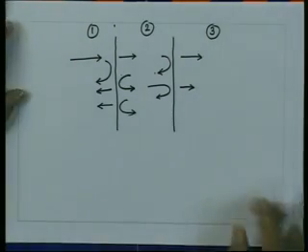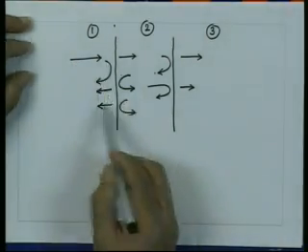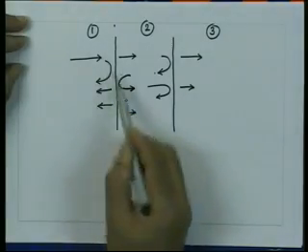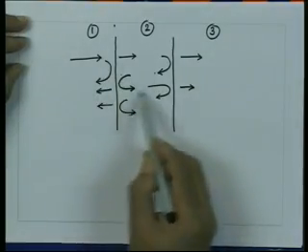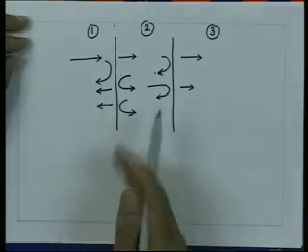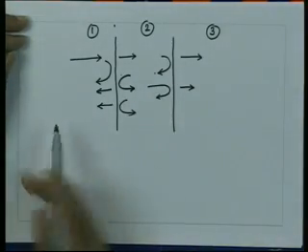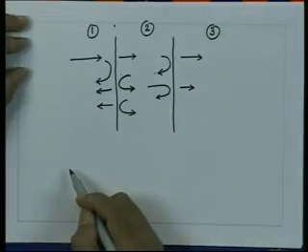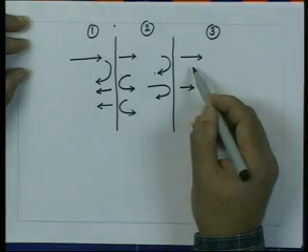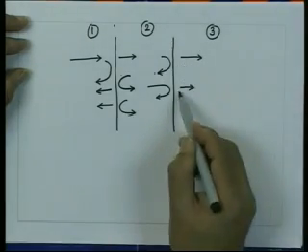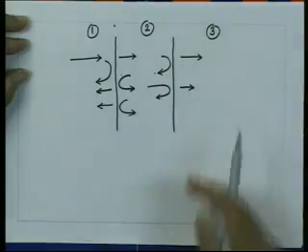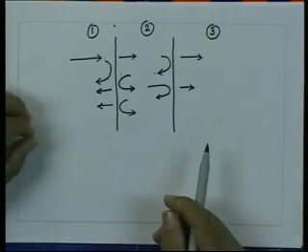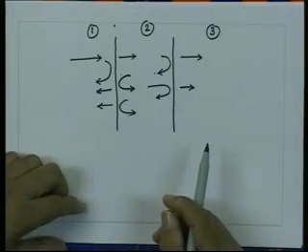So, what we find is that the net reflected wave will be the sum of all these reflections: the first reflection plus the second reflection plus the third reflection. If we sum up all that together, that gives me the total reflected wave in this direction. Similarly, the transmitted wave would be this transmitted wave plus this plus this. If I sum up all those waves together, that essentially gives us the total transmitted wave on the other side.